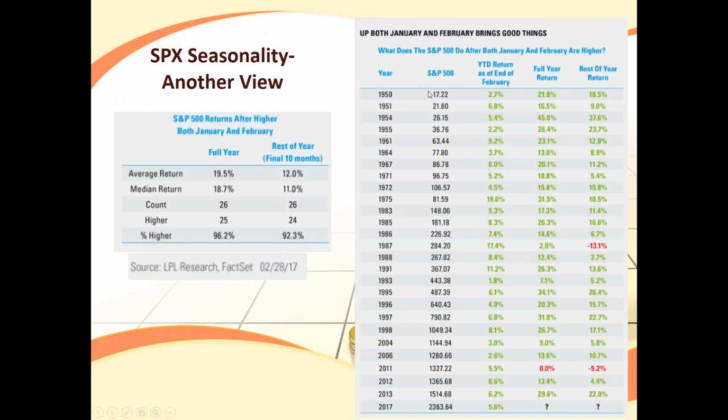With the exception of 2 of those years, the indexes were up for the year, and it gives the rest of the year return after being up for the first 2 months of the year. It's got a pretty good track record.